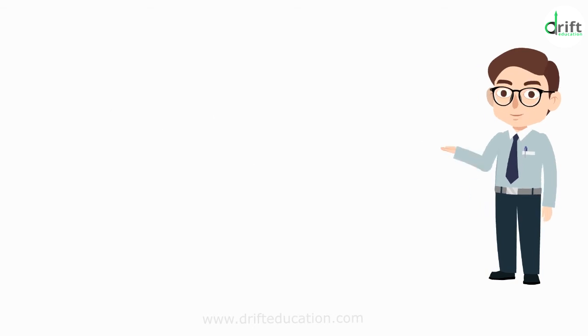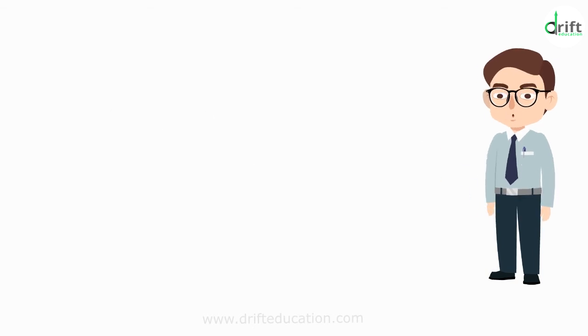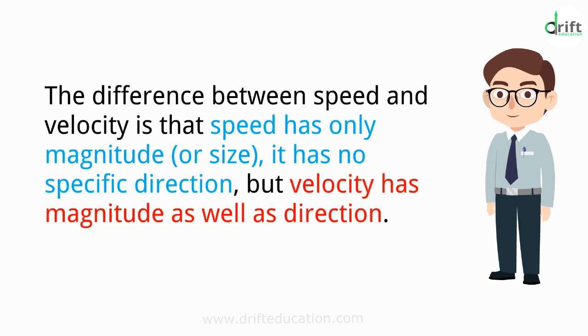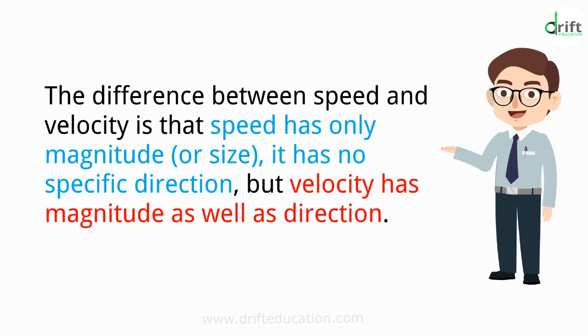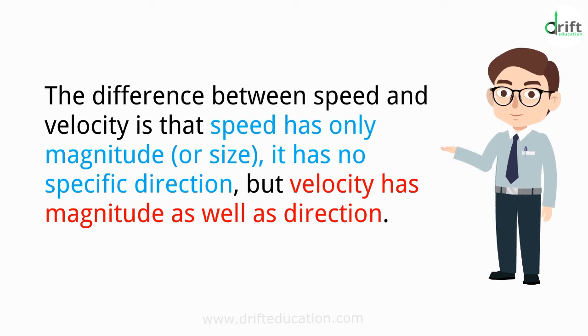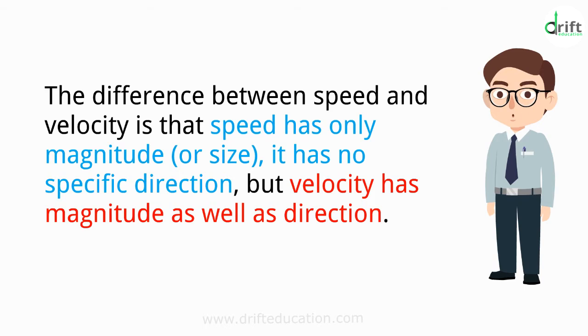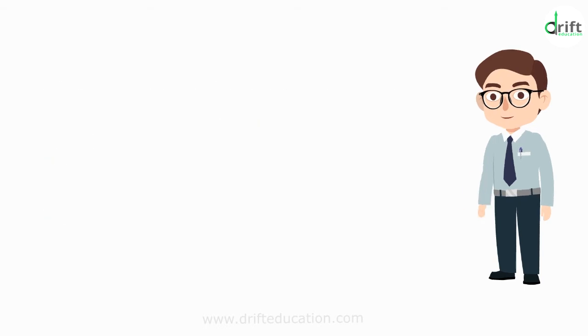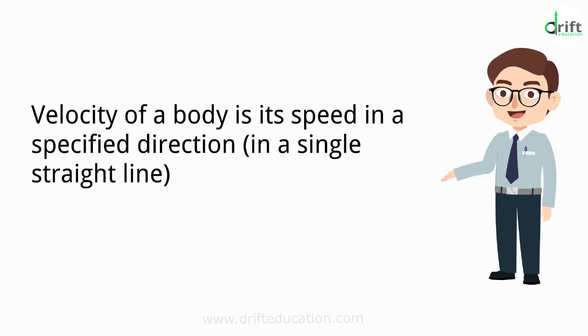The basic difference between speed and velocity is that speed has only magnitude or size. It has no specific direction, but velocity has magnitude as well as direction. In fact, velocity of a body is its speed in a specified direction in a single straight line.